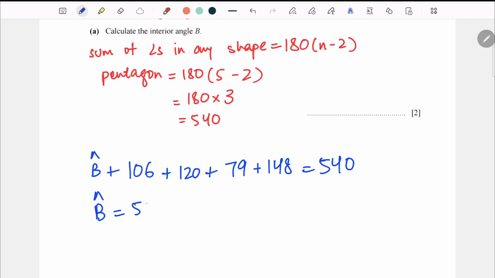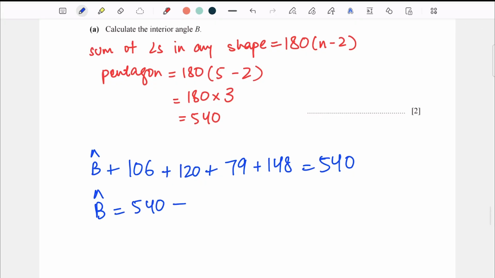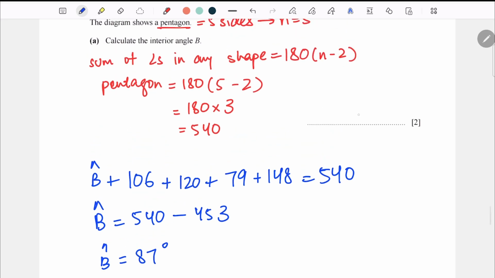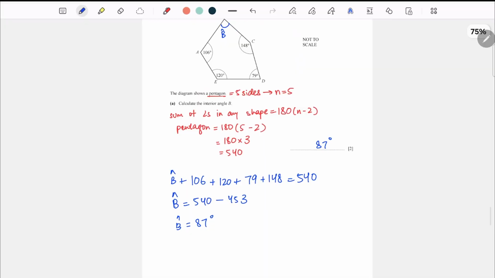Angle B is equal to 540 minus 453, and 540 minus 453 will be 87. So angle B is 87 degrees.